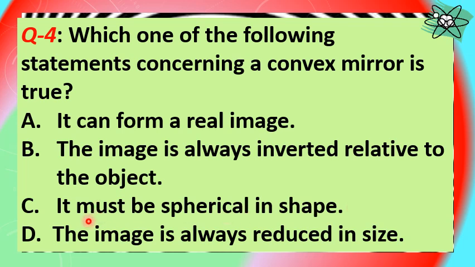So that makes letter C not an absolute, it is not necessarily correct, right? We already said earlier that the correct answer is option letter D. The image is always reduced in size, all right, regardless of where the object is located relative to the mirror.